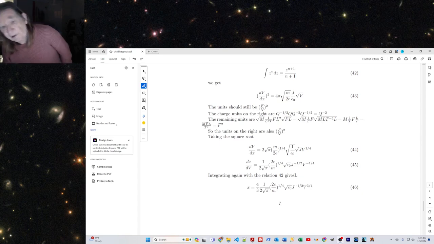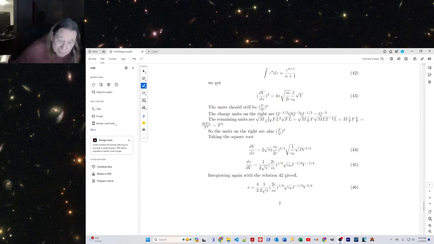Now this looks fairly simple, but actually you can't integrate it in this form. Why? Because we have a derivative with respect to x on the left, but we don't have a function of x on the right. We have a function of V. So this stumped me for a while, and then I realized I could invert it. I could take the reciprocal. So the reciprocal of dV/dx is dx/dV.